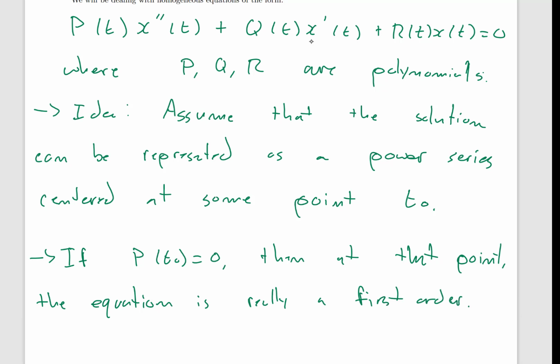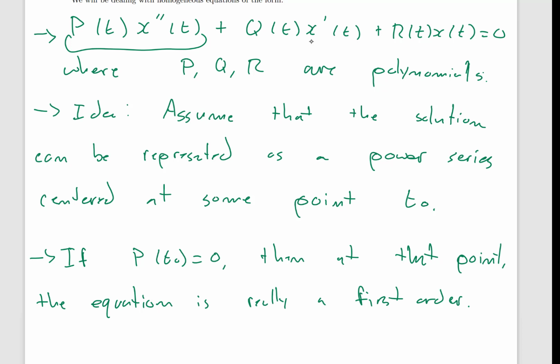Okay, that's a little bit confusing, but what I mean is, if you go up to this equation, if p of t naught is equal to 0, well then that term is equal to 0, and you're just left with a first order differential equation.